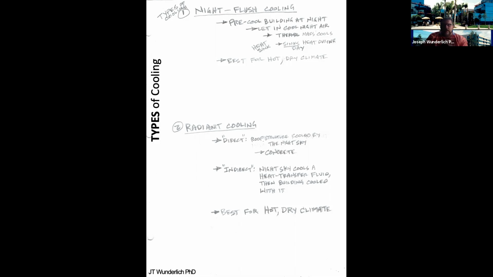And then radiant cooling, we have direct and indirect. You can use the roof structure cooled by the night sky and the concrete. Indirect: the night sky cools a heat transfer fluid, then the building is cooled with it.